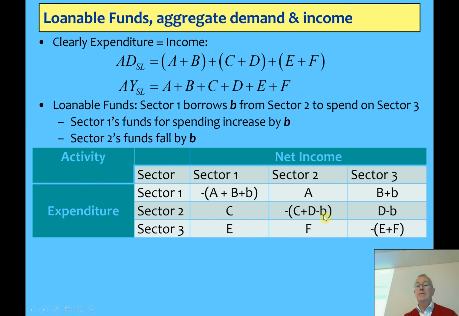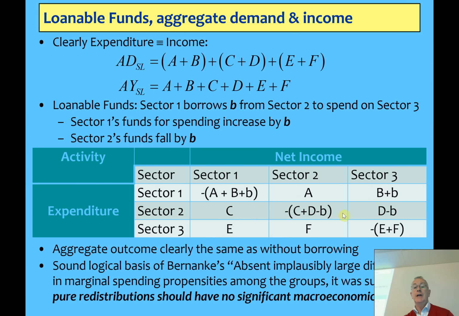So that rather than Sector 2 spending D on Sector 3, it spends D minus B, and it hands the money over to Sector 1 that spends the money instead. Okay? So you sum up, and you get exactly the same situation, that the aggregate expenditure is equal to aggregate income, and the lending and saving cancel out. Okay? There's no aggregate role for lending and saving in that model.